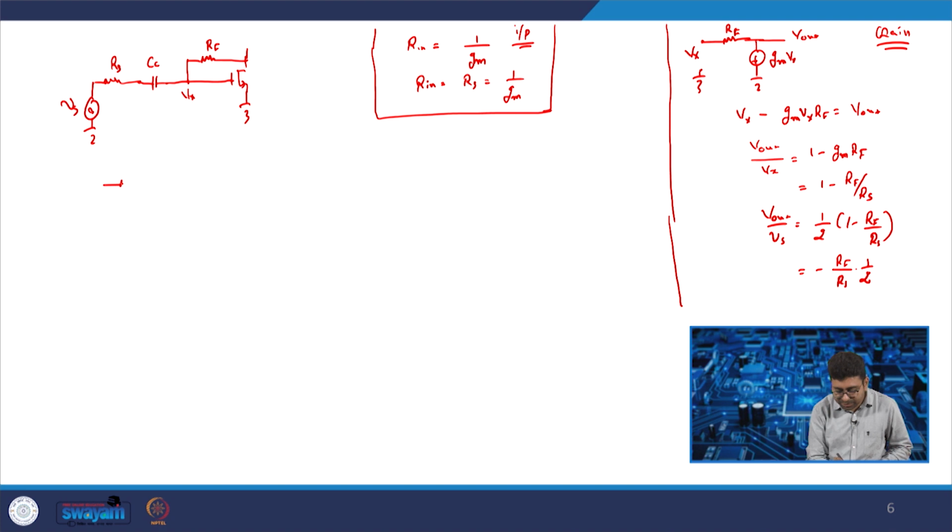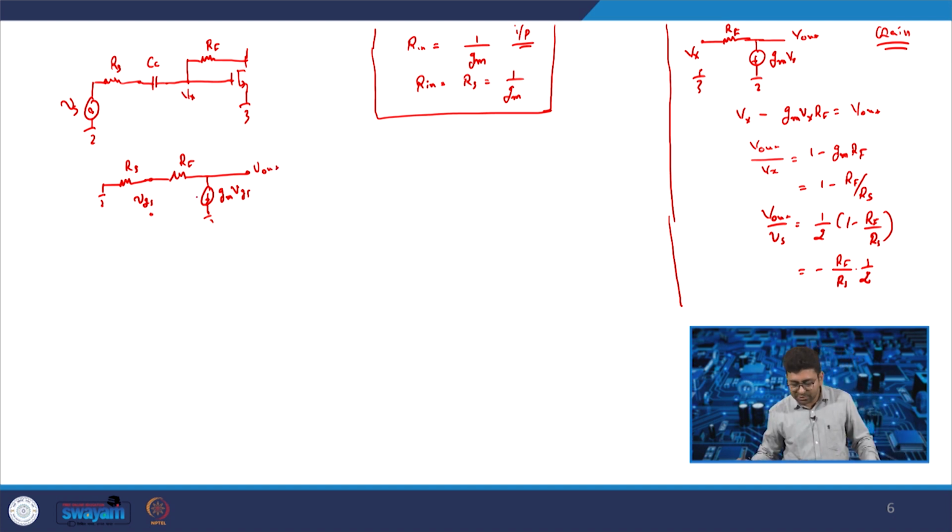For small signal, if this is RS and the input is grounded, there is a VGS, and here there is an RF. We will have a current Gm into VGS and V out. VGS we can also mention as Vx, because we have already mentioned it here as Vx.